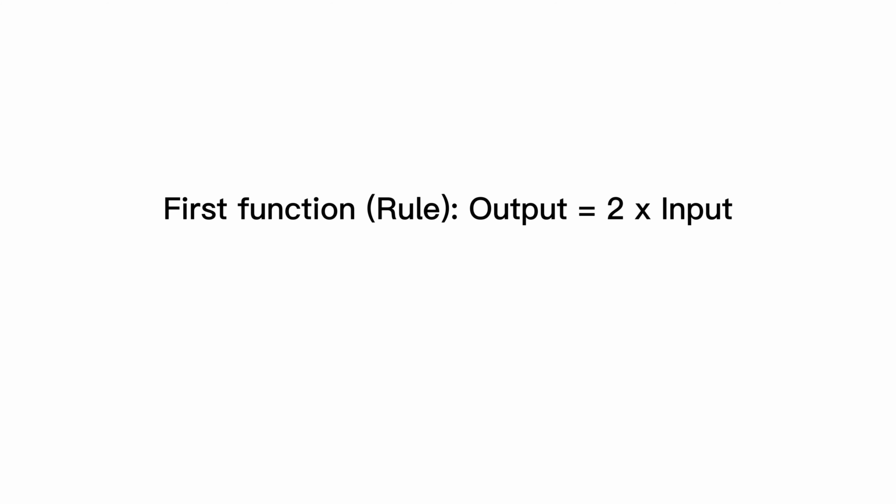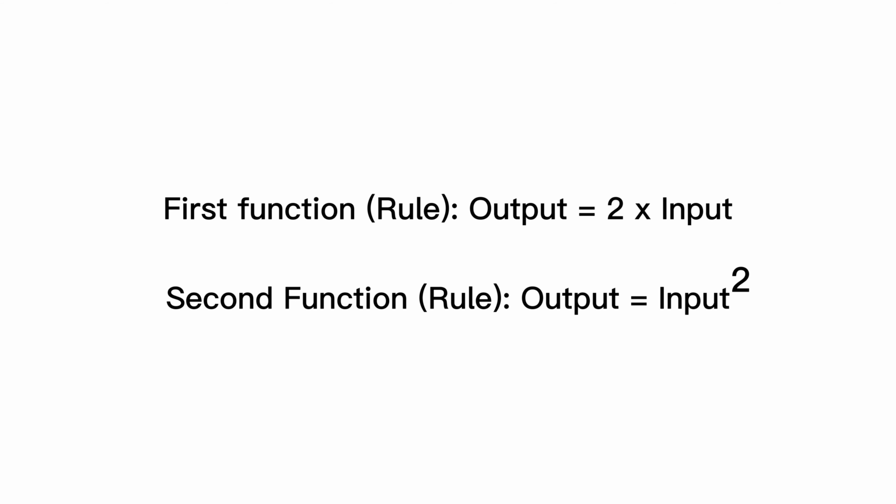The rule for the first function is that the number of balls at the output should be equal to double the number of balls at the input. The rule for the second function is that for every ball, the resulting output should be the square of the total number of inputs.